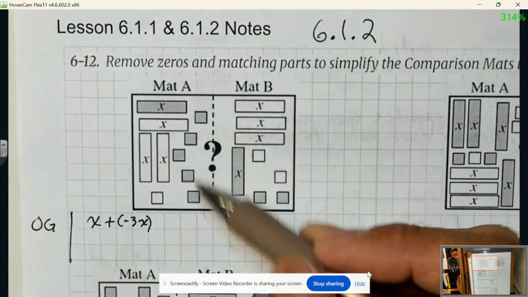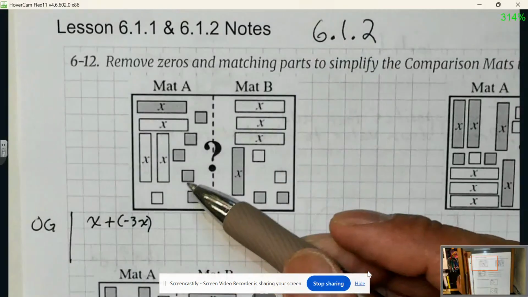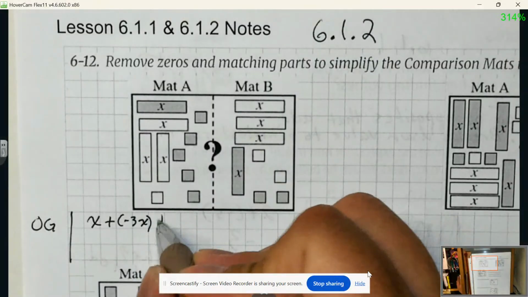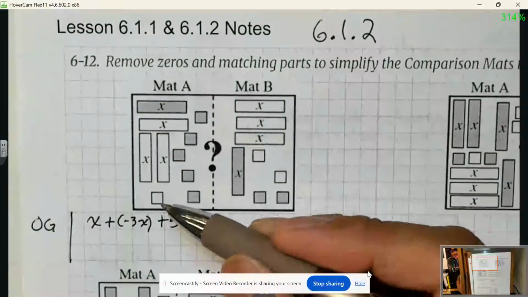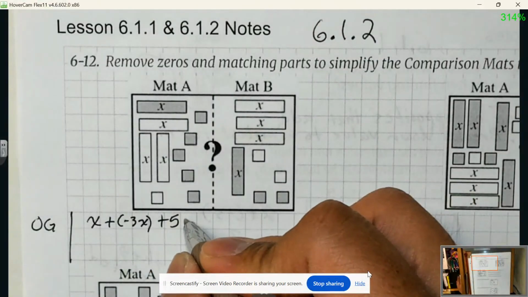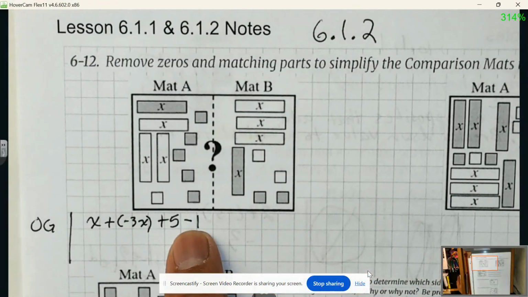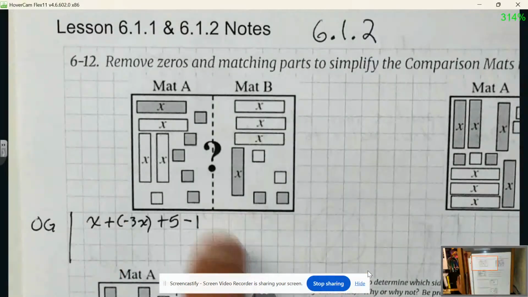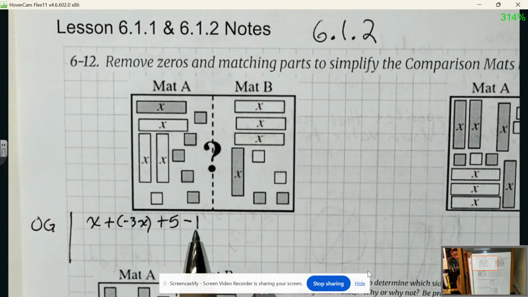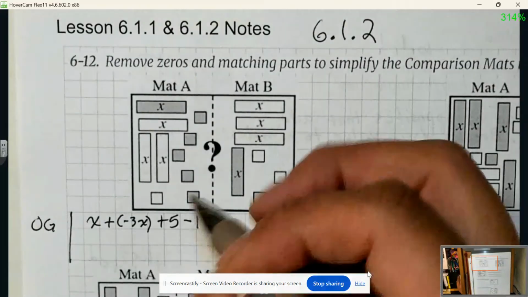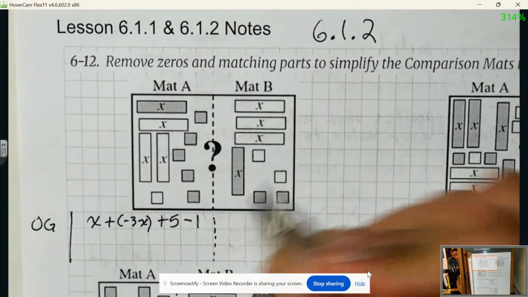Then we can combine our 1's to get 5. And then we're adding a negative 1 at the end. So right now, I'm going to start calling this minus 1 instead of plus negative 1, which means basically the same thing, but I'm going to try to shorten it as much as I can on every step.